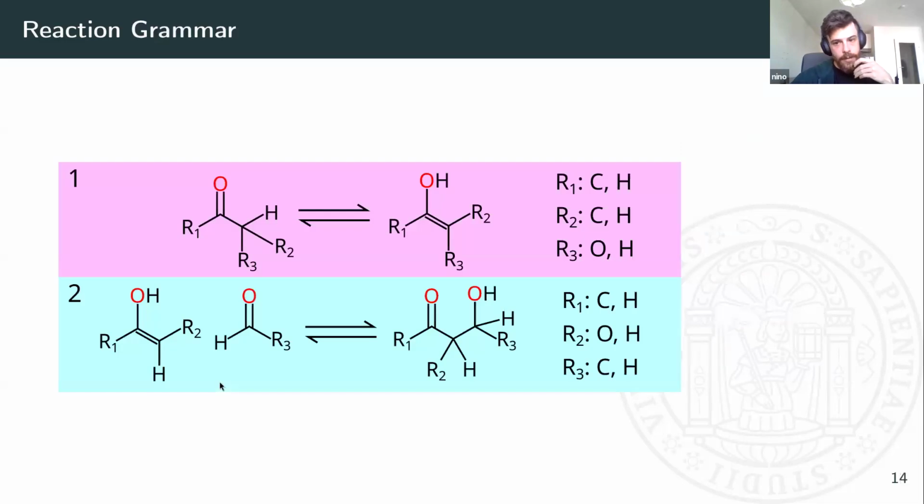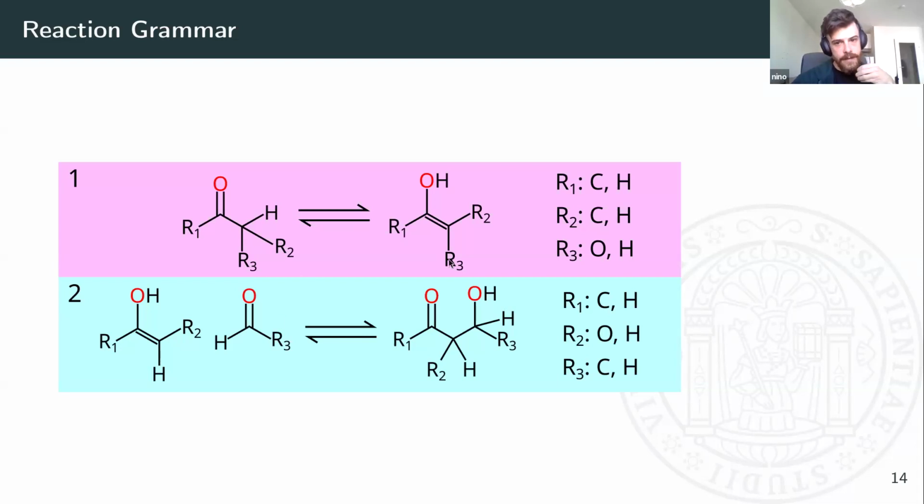The reaction grammar therefore only involves 4 reaction rules. For the keto-enol isomerization, you just define a reaction rule in the forward and in the backward direction. And you define a reaction rule for the aldol or retro-aldol reaction, again in the forward and backward direction.